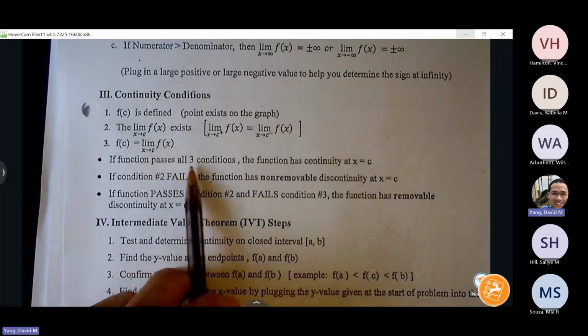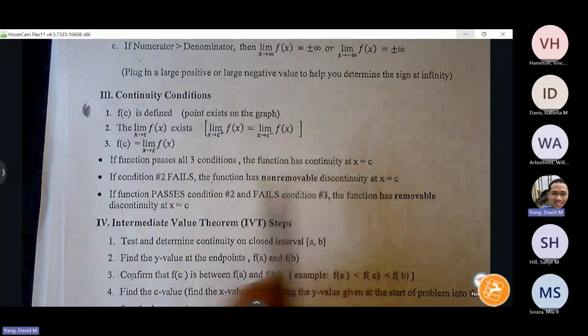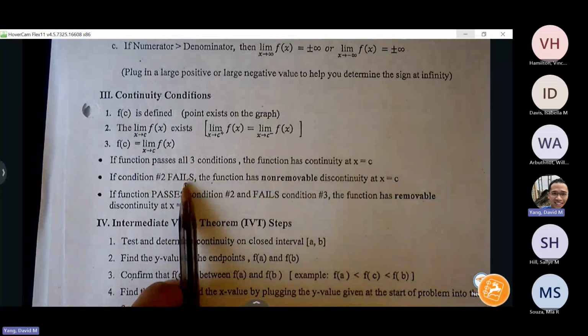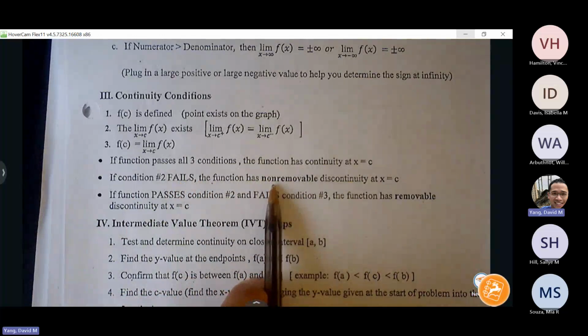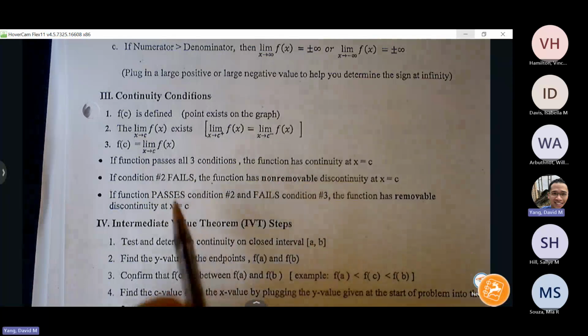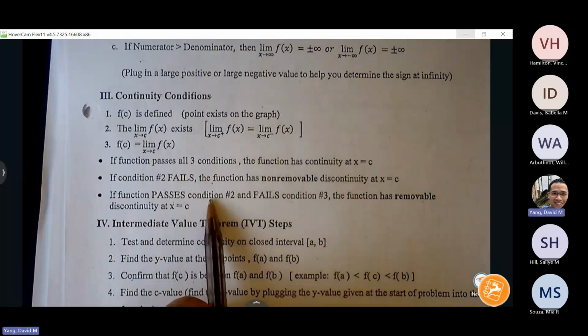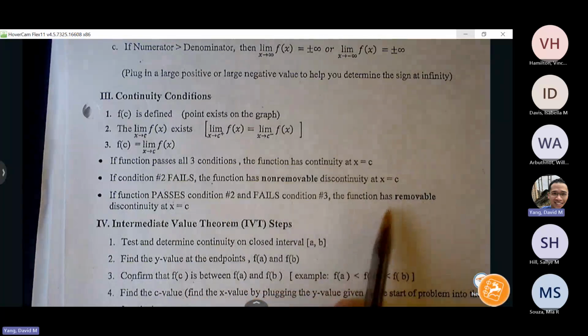If a function passes all three conditions, the function has continuity at x equals c. If condition 2 fails, that means the limit doesn't exist, and we have a non-removable discontinuity at x equals c. If the second condition passes but it fails the third condition, the function has a removable discontinuity at x equals c.